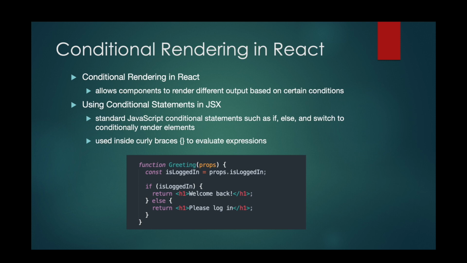Using conditional statements in JSX. In JSX, you can use standard JavaScript conditional statements such as if, else, and switch to conditionally render elements. These statements can be used inside curly braces to evaluate expressions. In this example, the Greeting component renders a different message based on the value of the isLoggedIn prop.